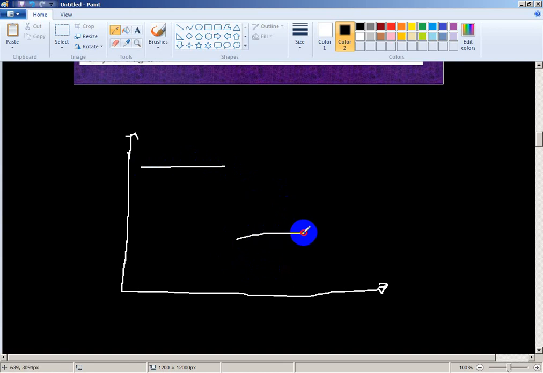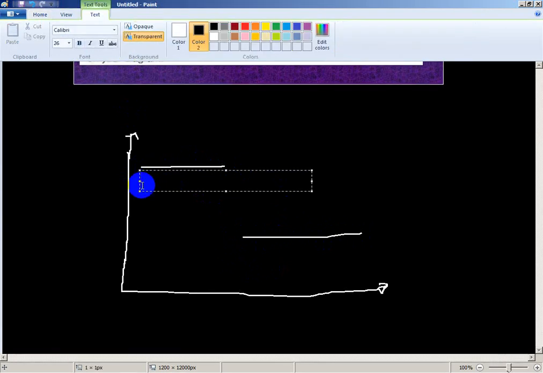Product energy is below. So the reactants are here at the top.